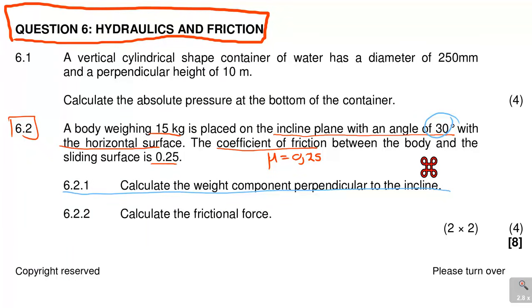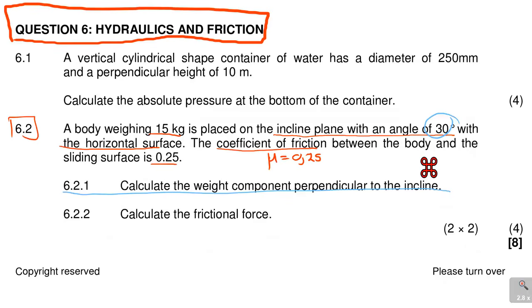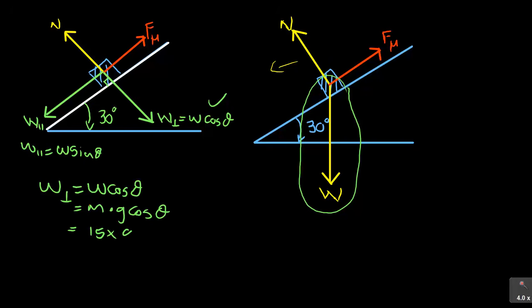Don't forget, when you come back to the information sheet, the acceleration due to gravity G is 9.8. We did that on that part. It is 9.8. And cos our theta is 30 degrees.